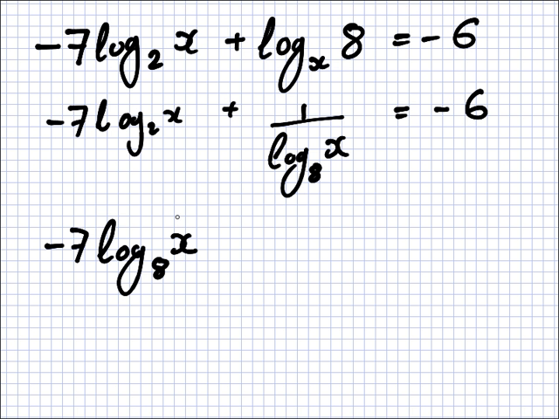Now this is how the rule works. If you change the base from a 2 to an 8, the price you pay is you must divide by log new base, old base. That's the price you pay. So the price you pay for changing a 2 to an 8 is you divide your answer by log new base, old base.